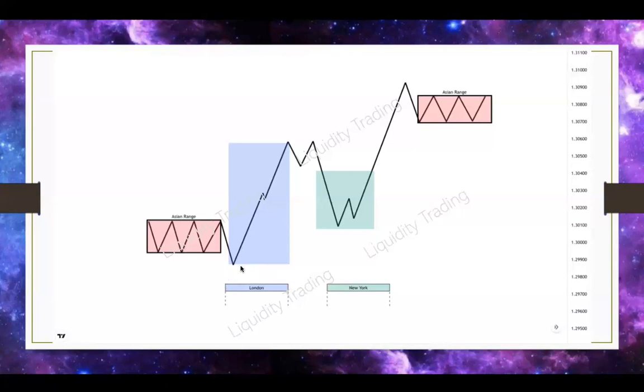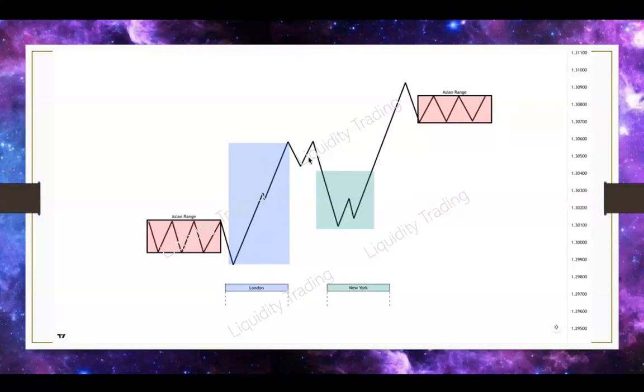Now let's continue. So London Open would be giving you a bullish expansion in the market. In lunchtime, now lunchtime is actually the short few hours between London and New York Kill Zone.